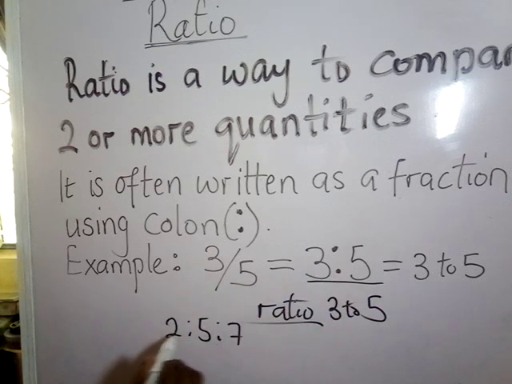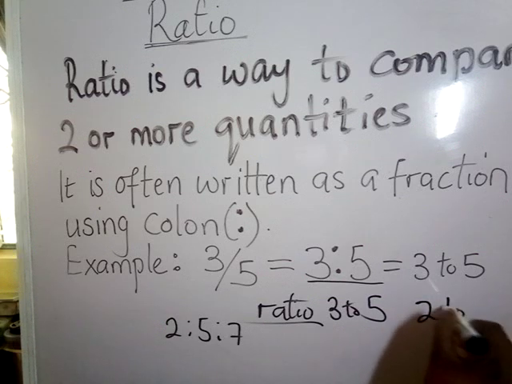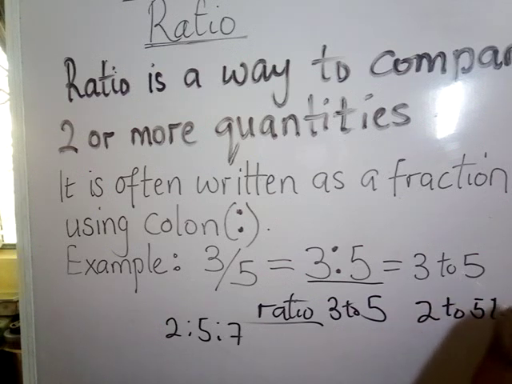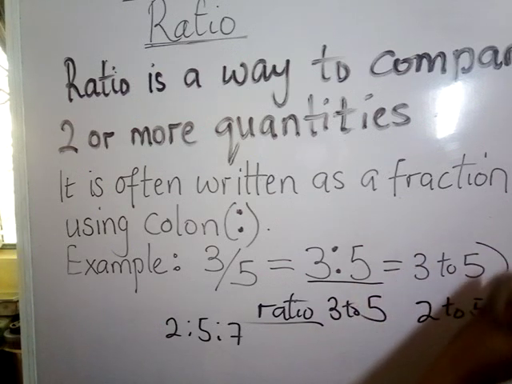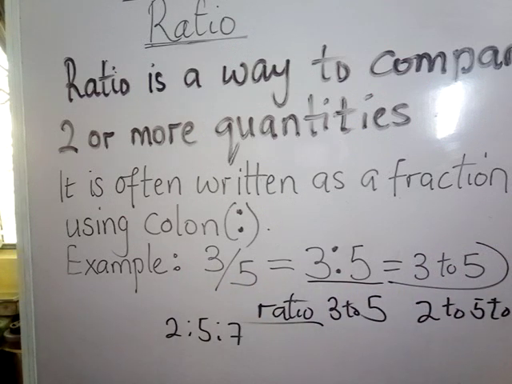But the colon can be used, and this form can be used, as 2 to 5 to 7. The fraction representation will not work when the quantities are more than two.